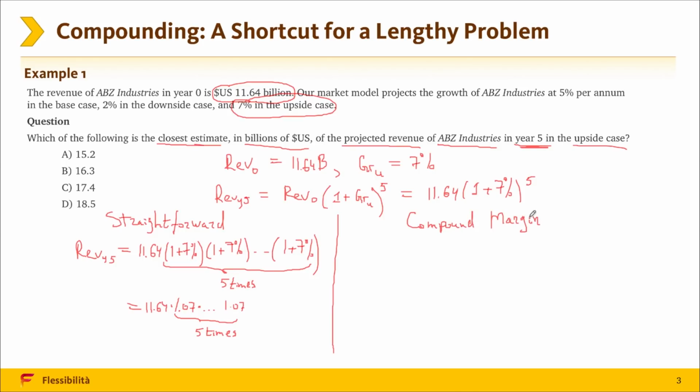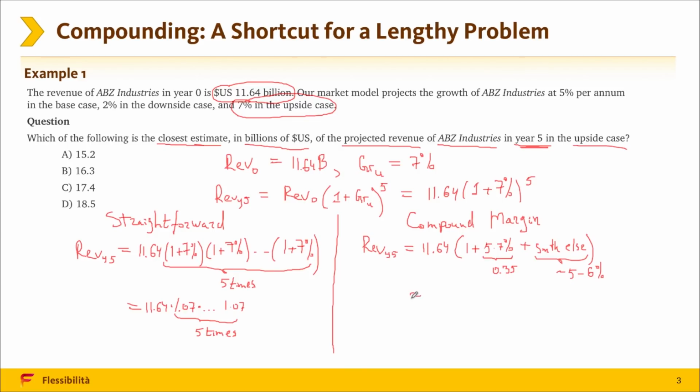We can write our compound growth statement in terms of simple growth plus something else. This something else is called the compound margin, and in this case its value would be about 5 or 6%. In this theory session I will explain to you how I got this number.